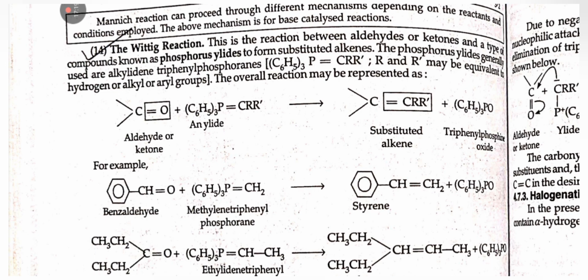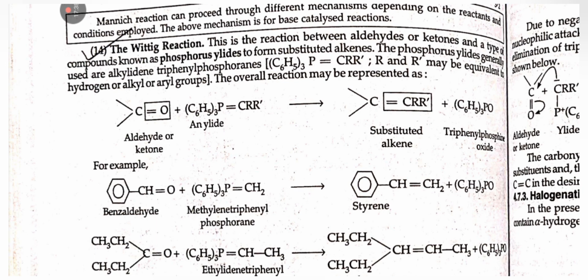Wittig reaction. This is the reaction between an aldehyde or ketone and a type of compound known as phosphorus ylide to form a substituted alkene. The phosphorus ylide is generally used as alkyl triphenyl phosphorane.